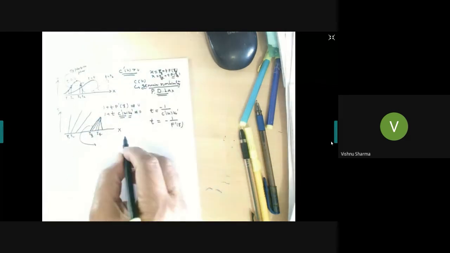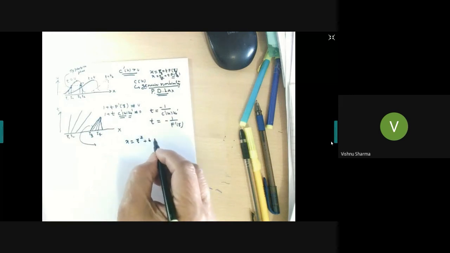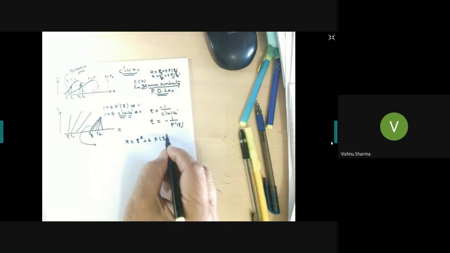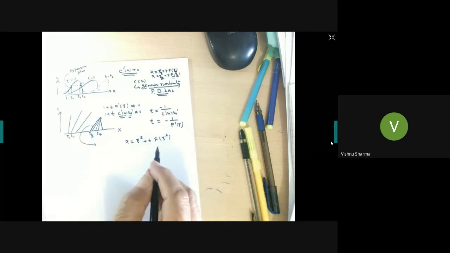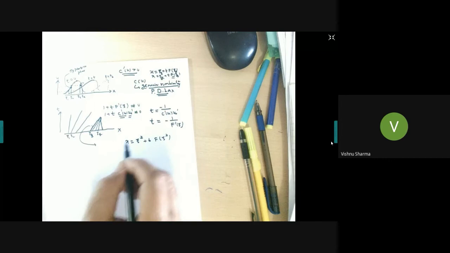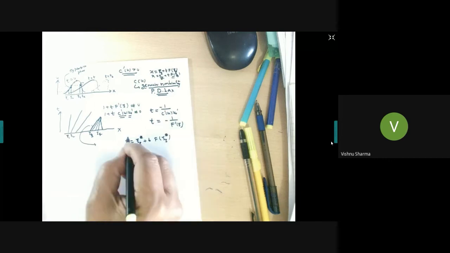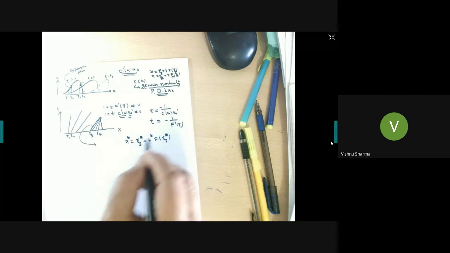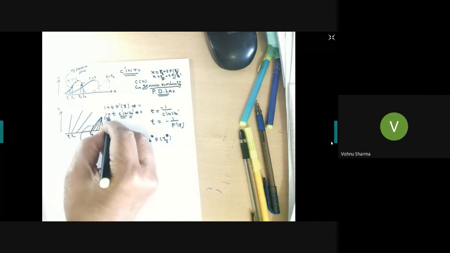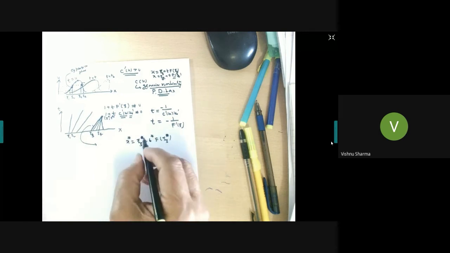So if I suppose they intersect at some point, what do we get? x is equal to xi star plus t times f of xi star. Let me take this as x star, t star. So x star, t star, these are the coordinates of this point where they intersect.